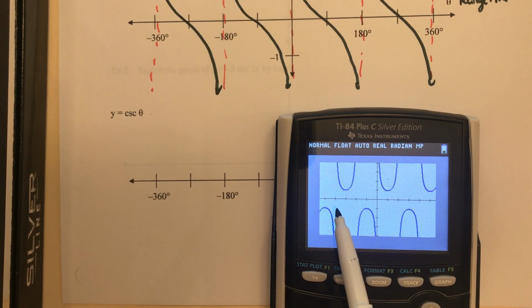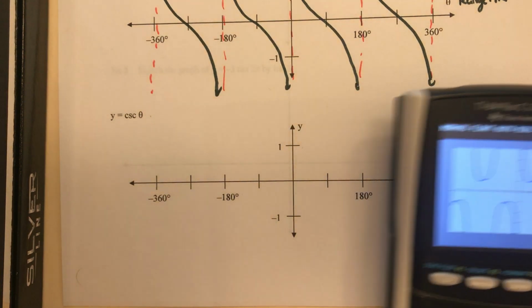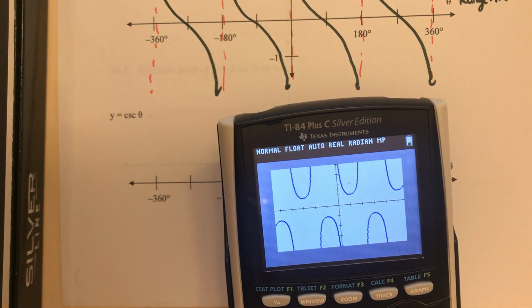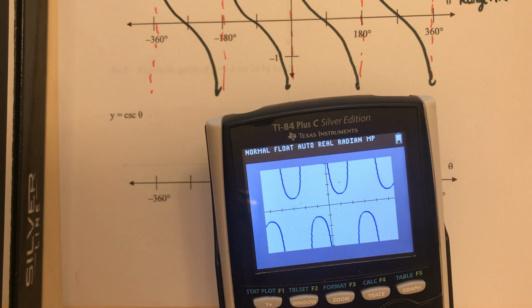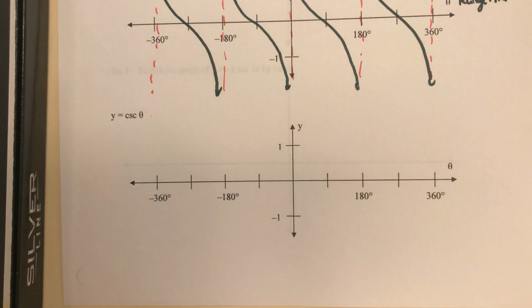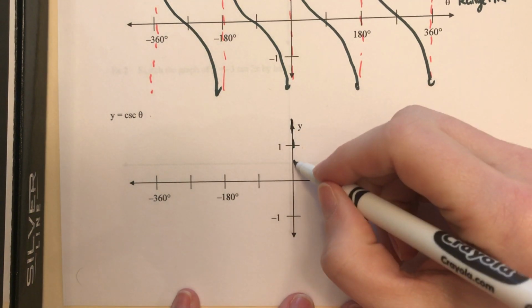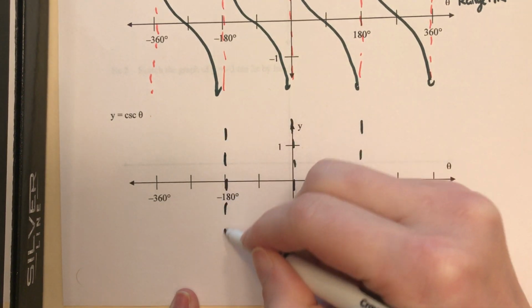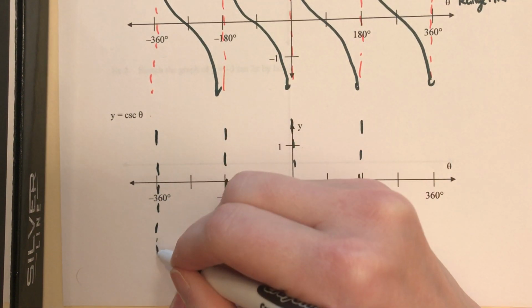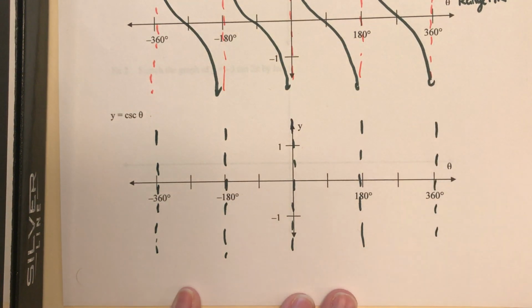So that's why, when I graph this, I'll show you what sine looks like and it'll make a little bit more sense. So let's start with our asymptotes. It looks like we have one at 0, 180, and negative 180. So I'm going to draw those in first. Negative 360 and 360.